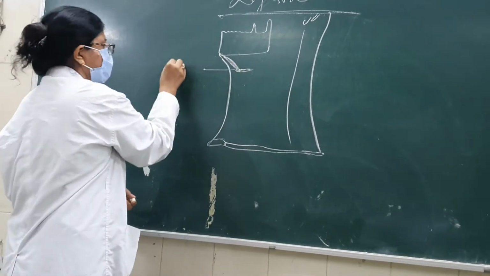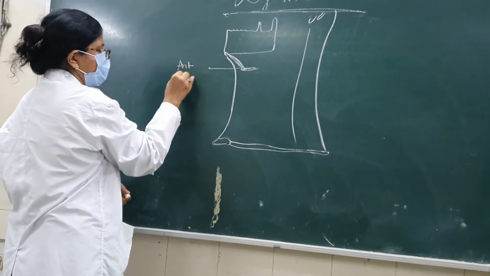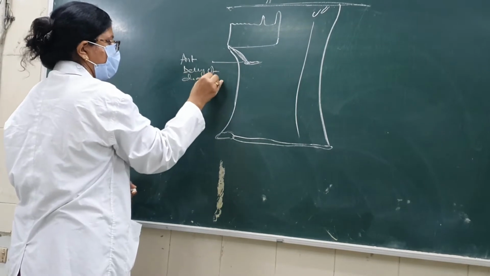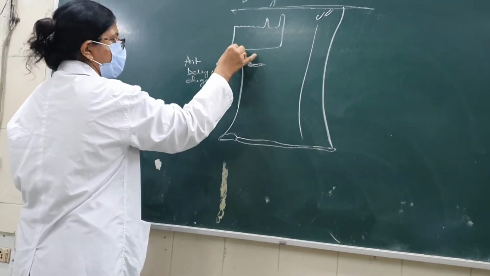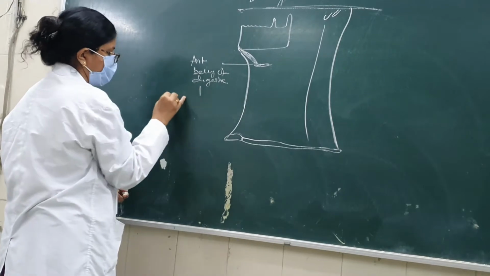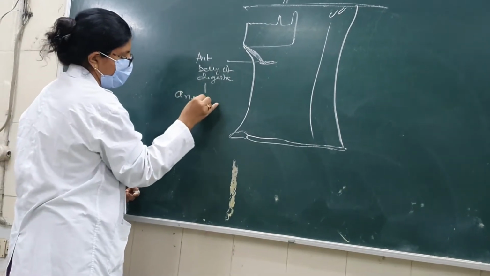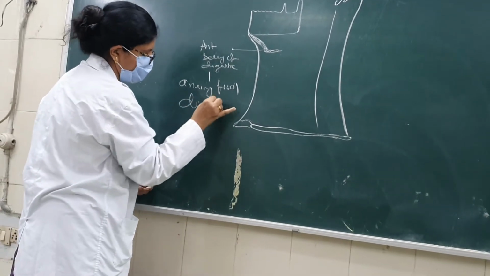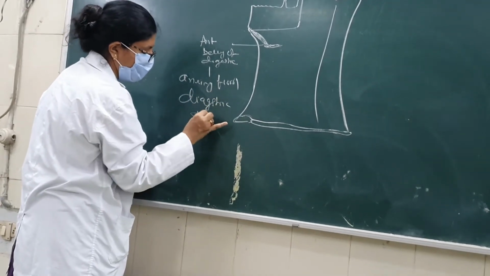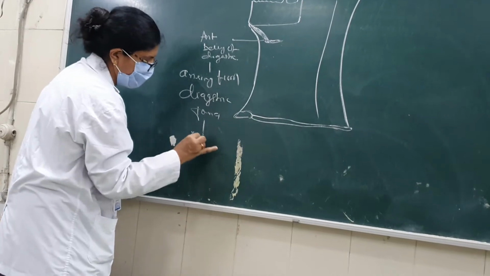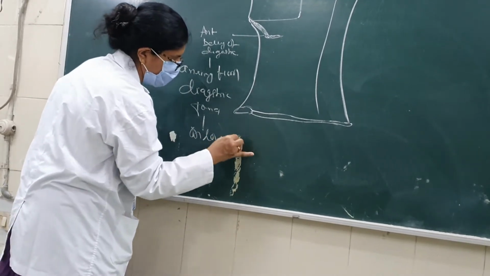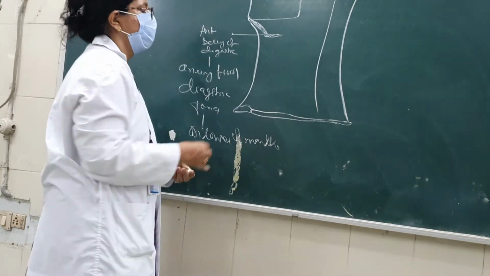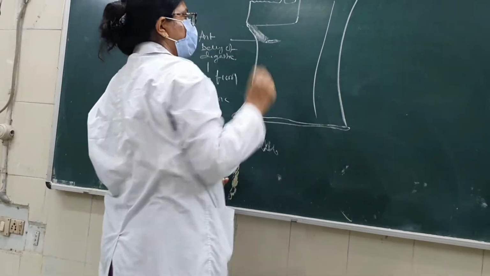So this is the anterior belly of digastric, arising from the digastric fossa, which is located on the lower border of the mandible. I have shown you that lower border of the mandible. So this is the anterior belly of digastric.